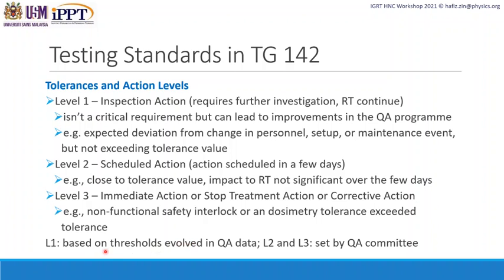So it is an evolving value based on your QA data, and usually level 2 and level 3 action levels are also set by the QA committee. It is important so that everybody is aware of the magnitude acceptable for the uncertainty, and will inform the person in charge of the QA when that happens.